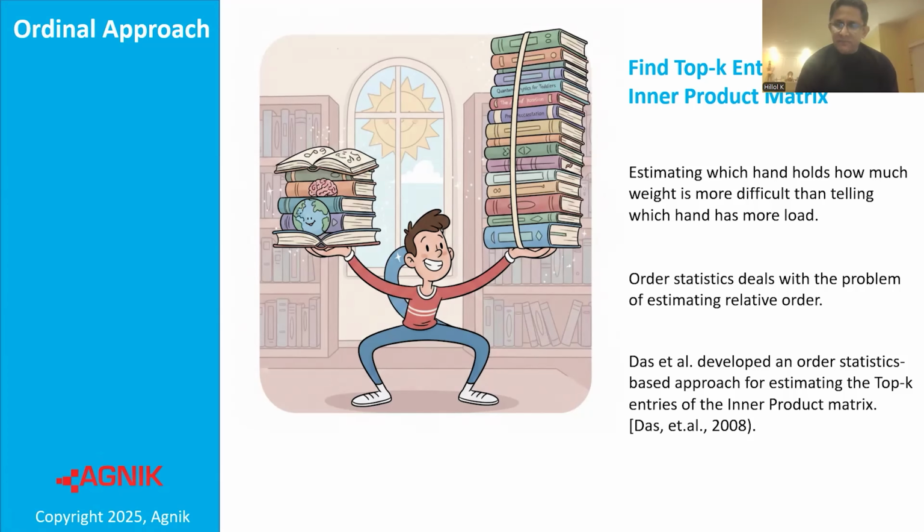And there exists a body of literature on finding top k entries in the inner product matrix using order statistics-based techniques. Kamalika Das and Liu and myself worked on this approach in my lab at UMBC, and the paper is cited over here.